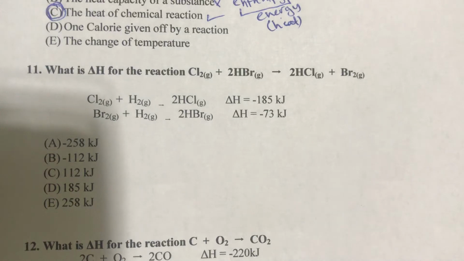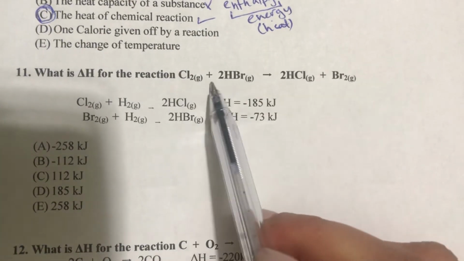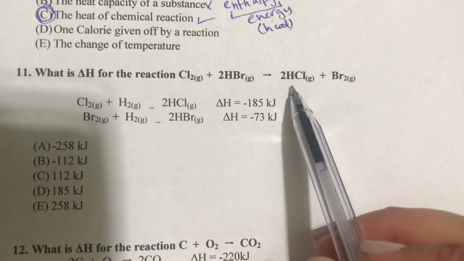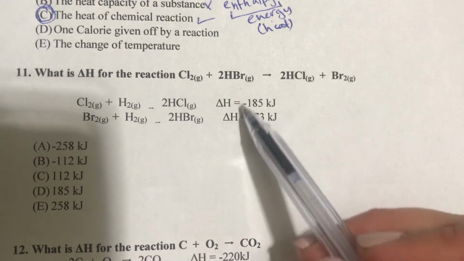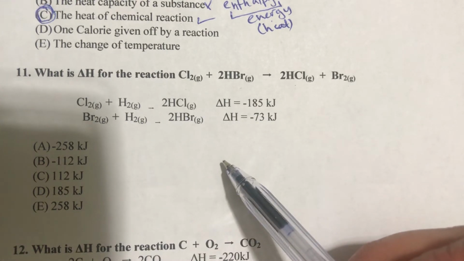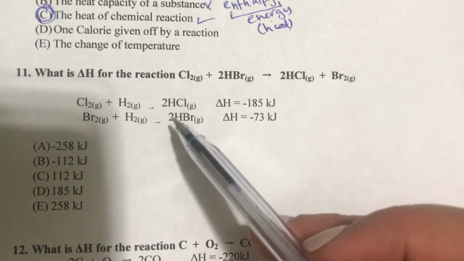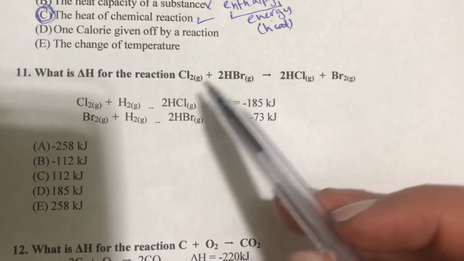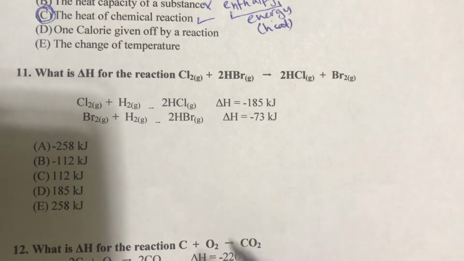Question 11. What is delta H for the reaction Cl2 plus 2HBr to produce 2HCl plus Br2? You have here two reactions. The idea is you have to rearrange these reactions to get this reaction, and any change of these reactions, delta H changed.